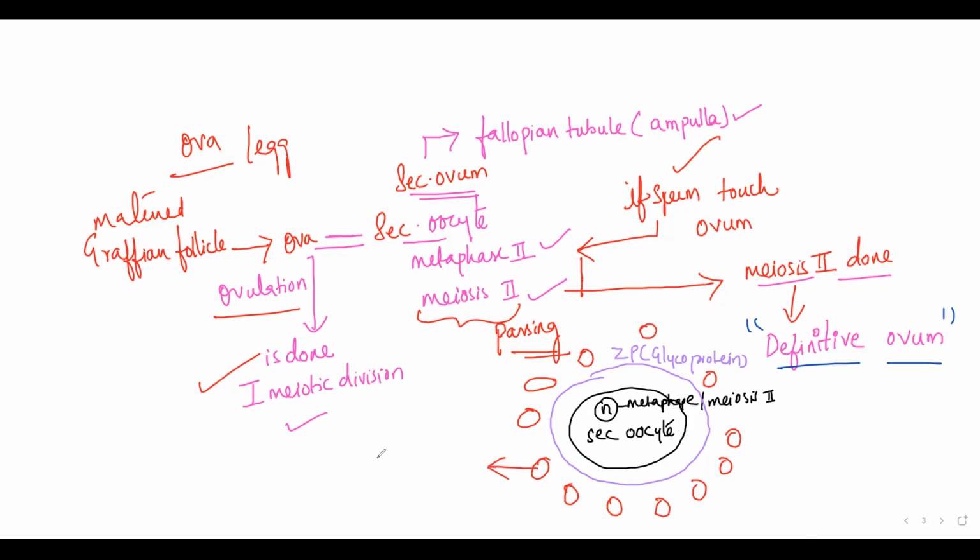These are the follicular cells, and they are called the corona radiata. So these are the corona radiata cells.